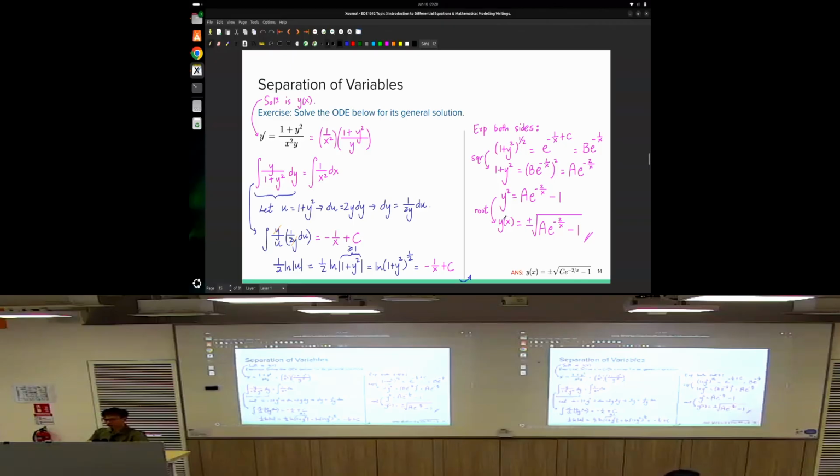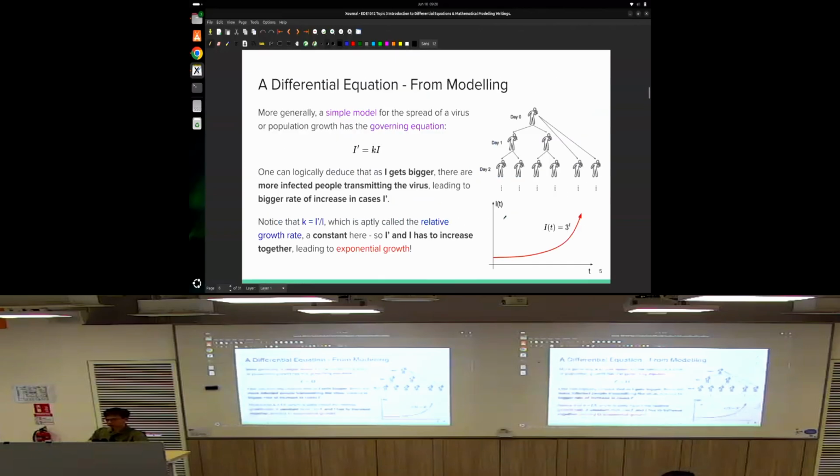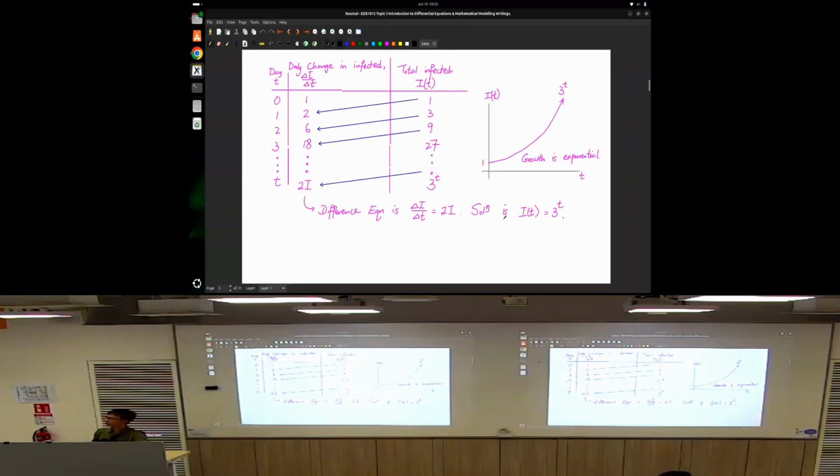If you recall the pandemic spread problem that we mentioned, we know that at day 0, you have one person being infected. That is called an initial condition. And when we solve, we can make use of this condition. That means I, the total infected, at t equals 0 equals 1.